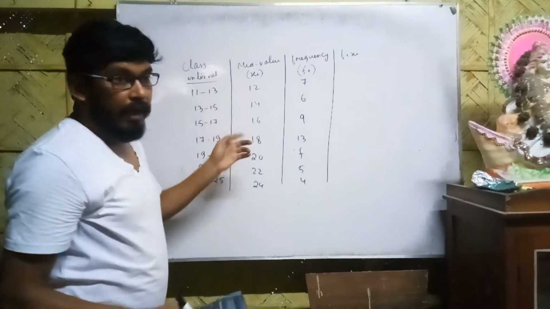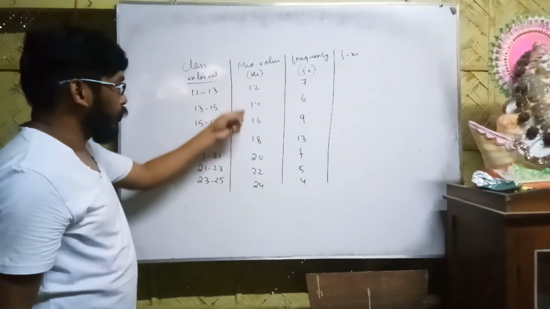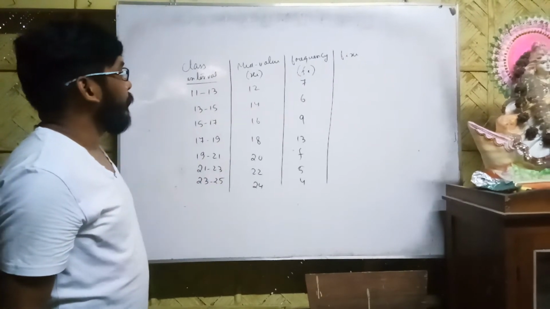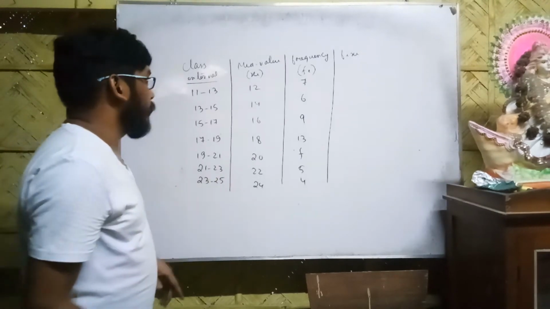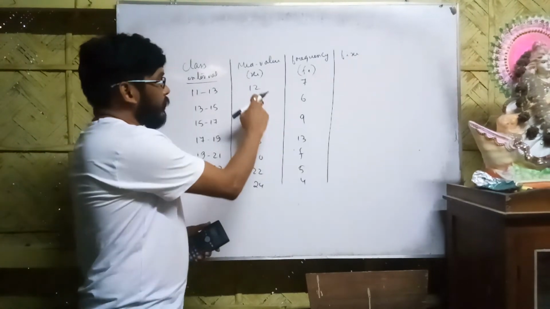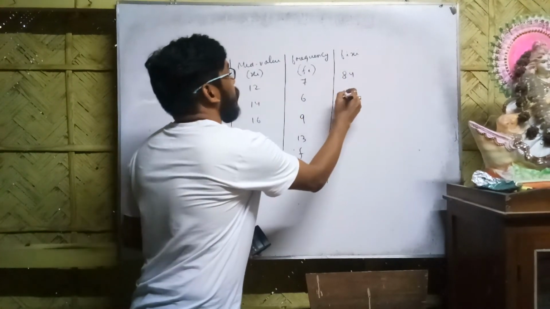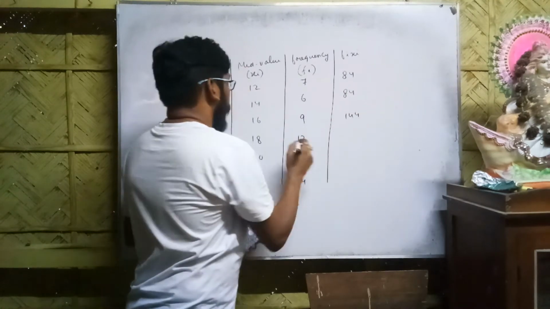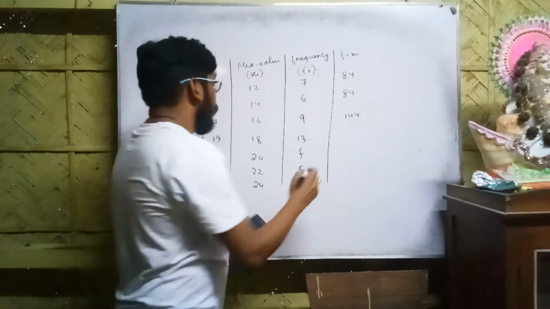Now you may think how I have done it directly, because the difference is same for all cases. Difference between these two was 2, so I have added up 2. Got it? Next, you do multiplication. 7 into 12, 84. 14 into 6, 84. 9 into 16, 144. 18 into 13, so it is 234.